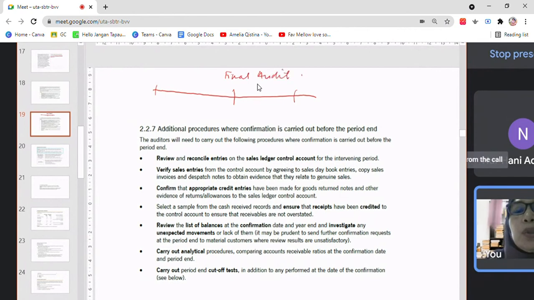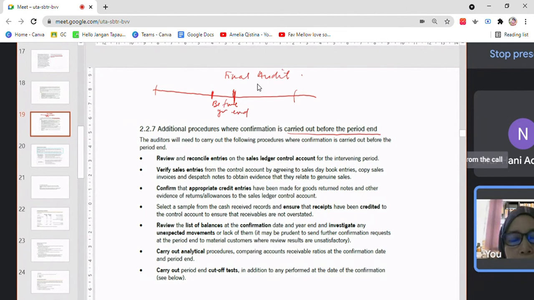So you ask the clients to send a confirmation letter before year end. What should you do as additional procedures where confirmation is carried out before the period end?